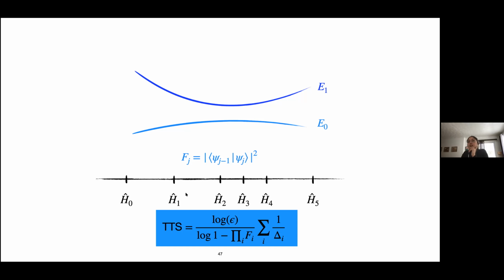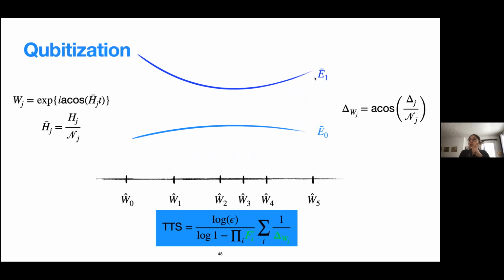When we look at the TTS formula that I have here, it's obvious that the cost depends on 1 over the gap, and that if we were to increase the gap, we would decrease the overall cost of the algorithm. So this is the main thing that helps us with qubitization. Qubitization will increase the gap of our system.